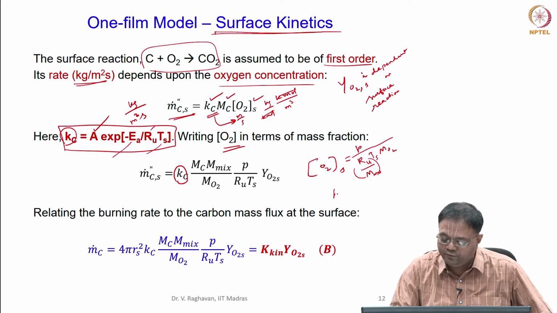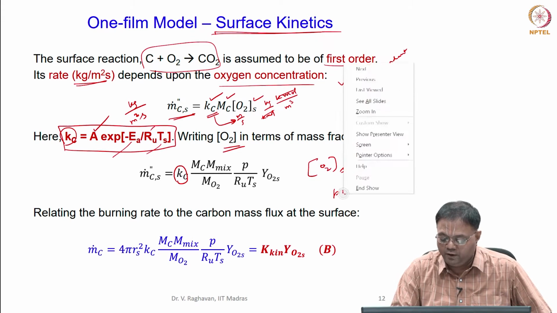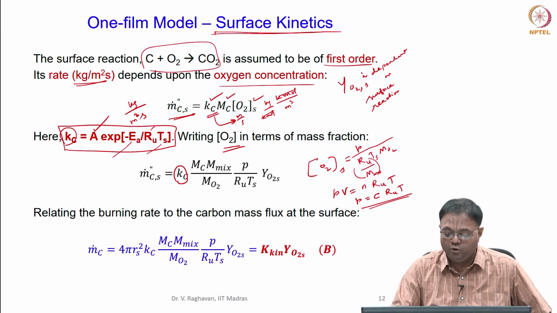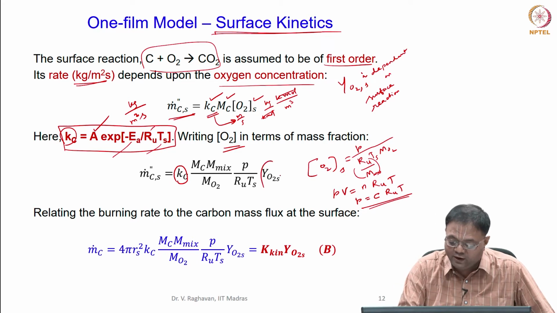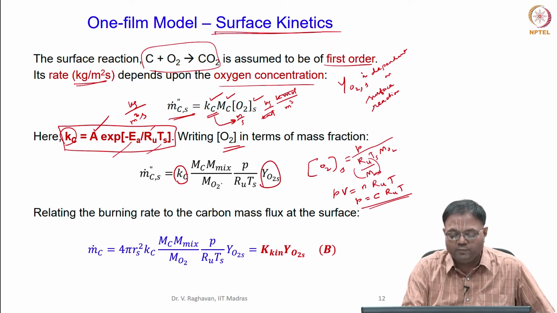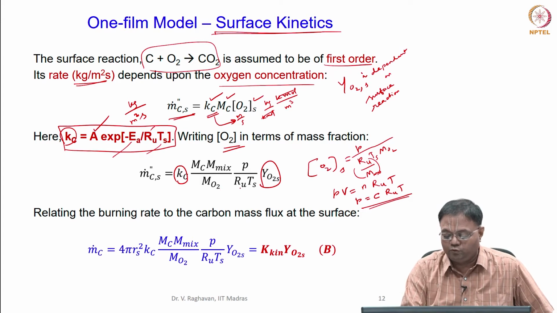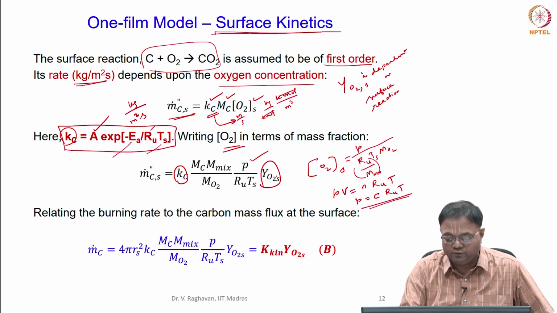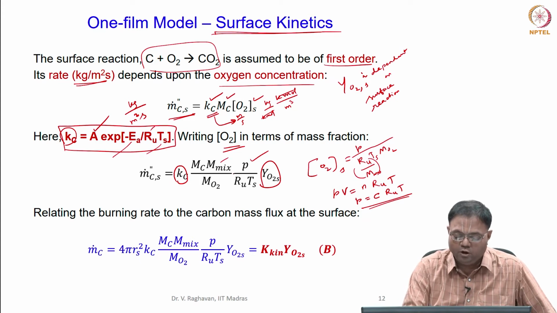See, actually concentration is what? PV equals N Ru T. So now we can see that concentration will be P equals C Ru T. Using this we can find the concentration basically. But I have to get the mass fraction, so when I convert to mass fraction, I have to involve mole fraction.